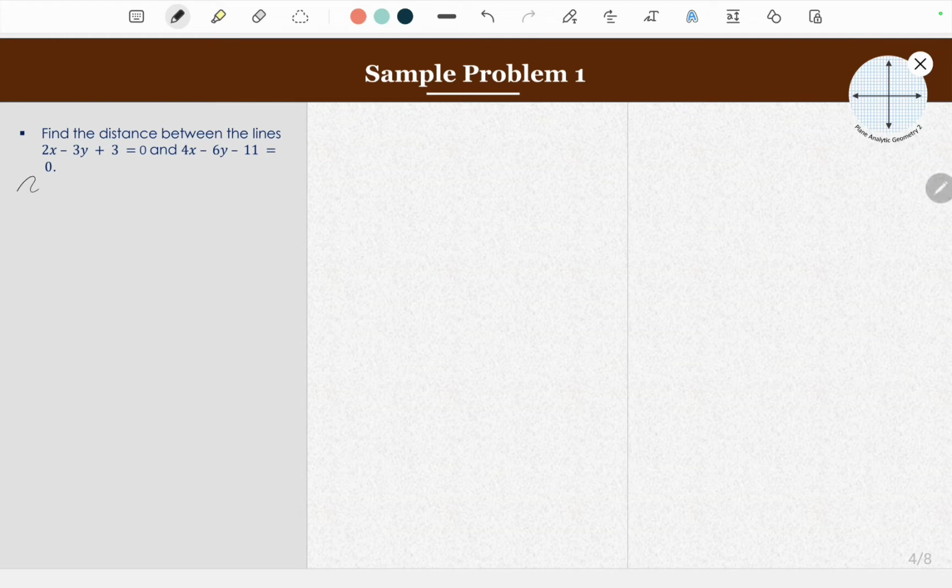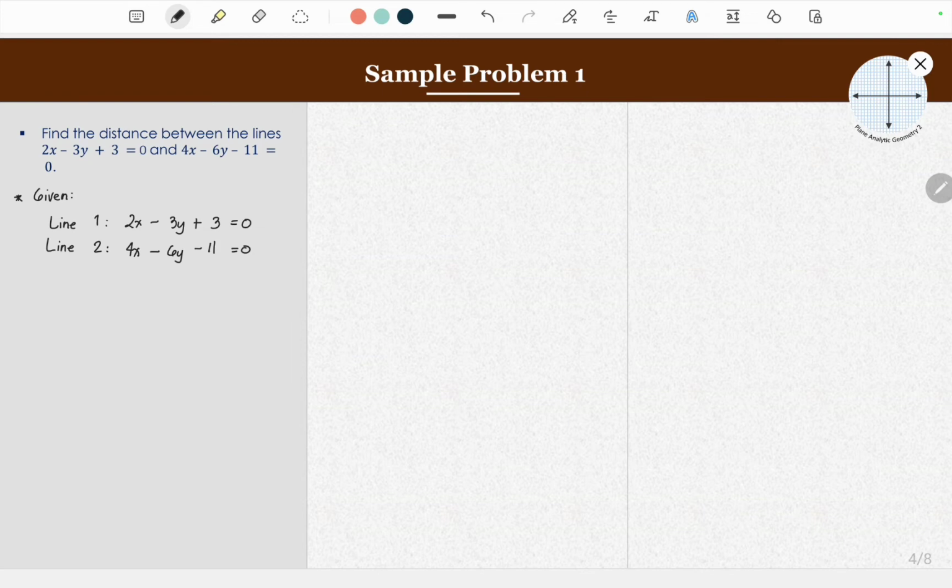So given for line 1, we have 2x minus 3y plus 3 is equal to 0. For line 2, we have 4x minus 6y minus 11 is equal to 0.